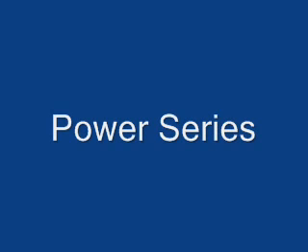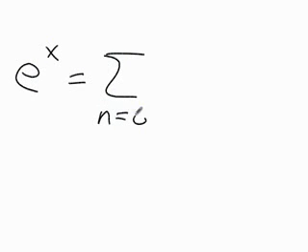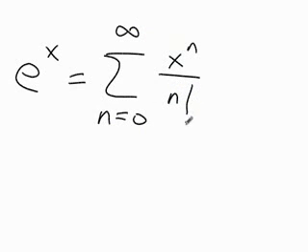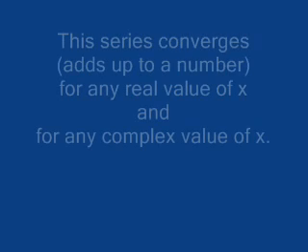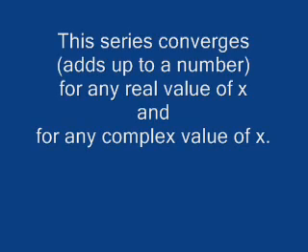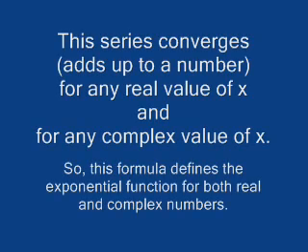Let's think back to everyone's favorite topic in Calc 2, power series. What was the power series expansion for e to the x? Centered at 0, it was the summation n equals 0 to infinity x to the n over n factorial. In Calc 2, we were concerned with real numbers x, and you can show using the ratio test that for any real number x, this series converges absolutely.